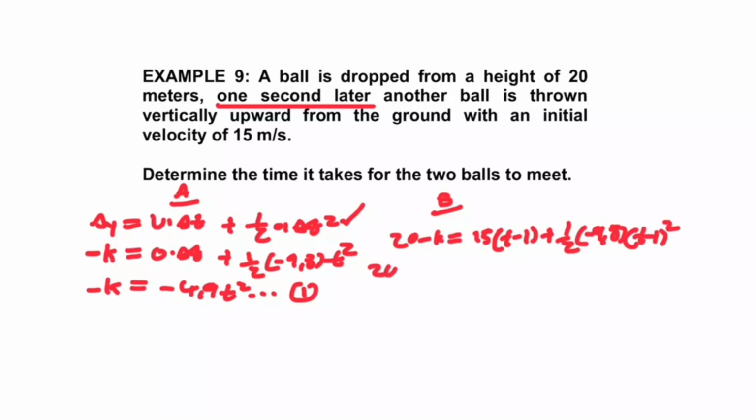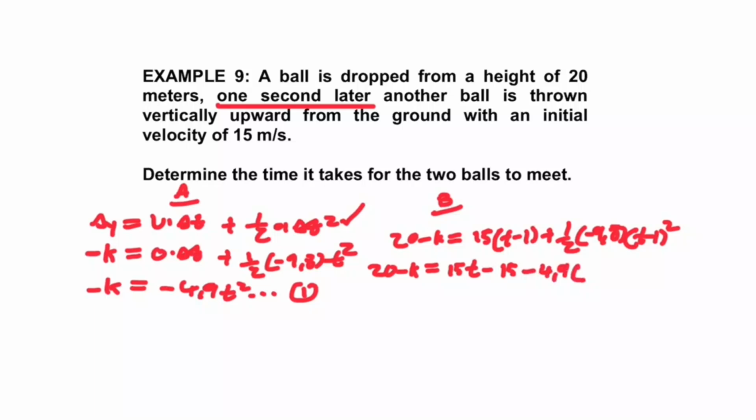So 20 minus k will equal 15 multiplied by t, that is 15t, minus 15, right? 15 multiplied by minus 1. And then a half multiplied by minus 9.8, that will be minus 4.9.